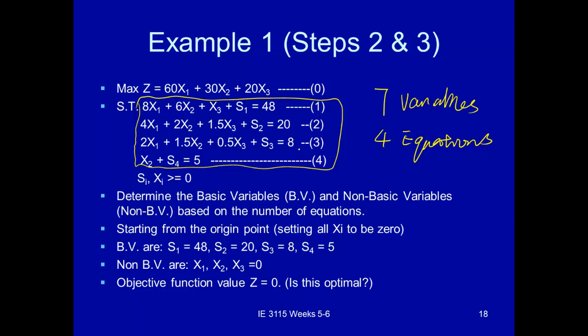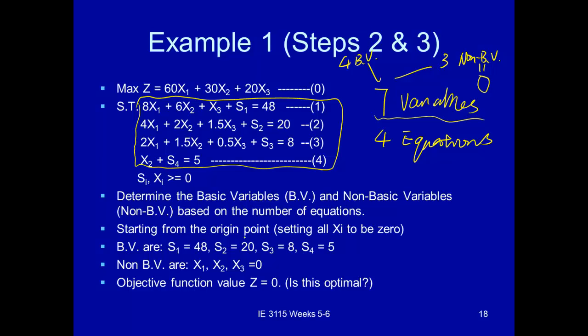Because we have 7 of them, we're going to say 4 of them are basic variables, and the other 3 are non-basic variables. What's the value of non-basic variables? 0. We set them to be 0, okay? So we can solve the others.